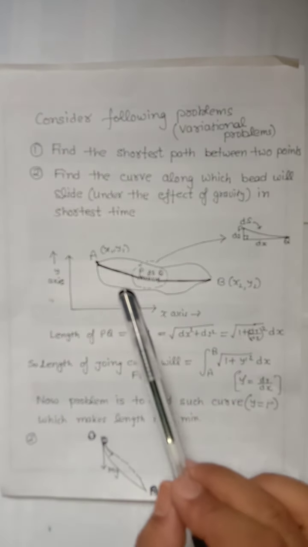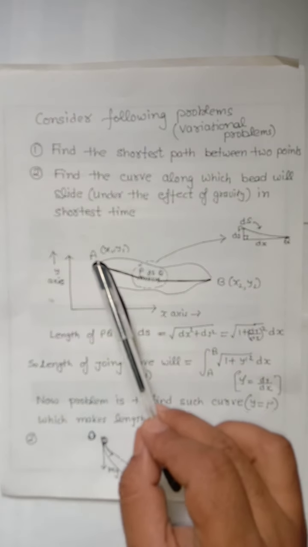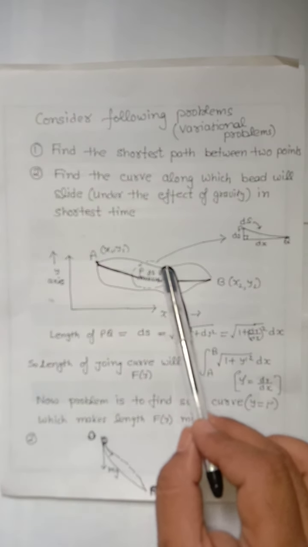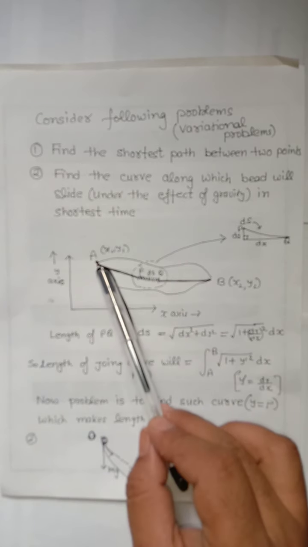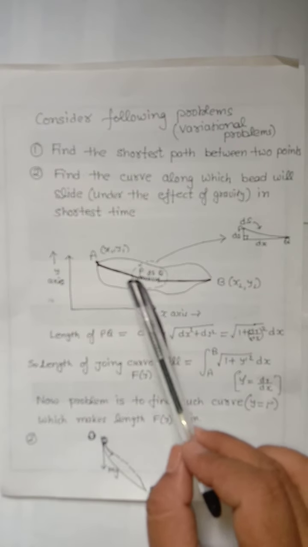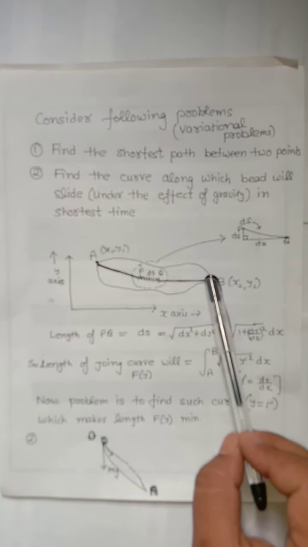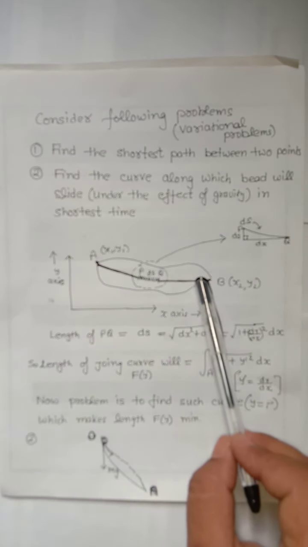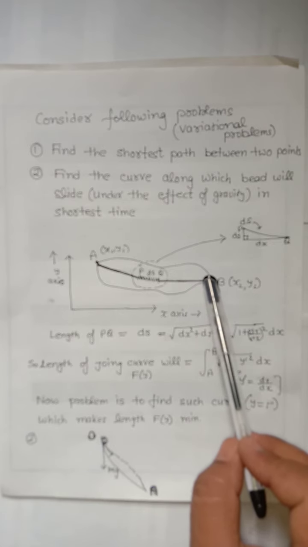So, our basic objective is to find that curve along which length will be shortest. This means I have to find that curve joining A and B having minimum length. This is our problem.